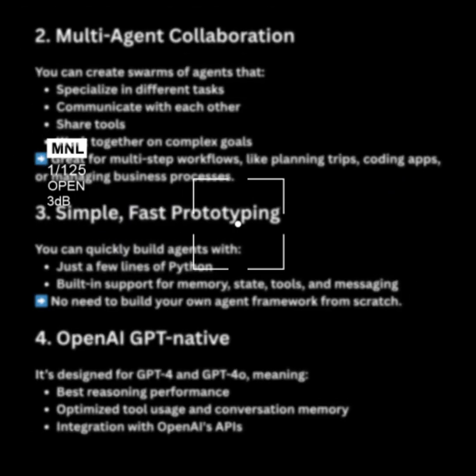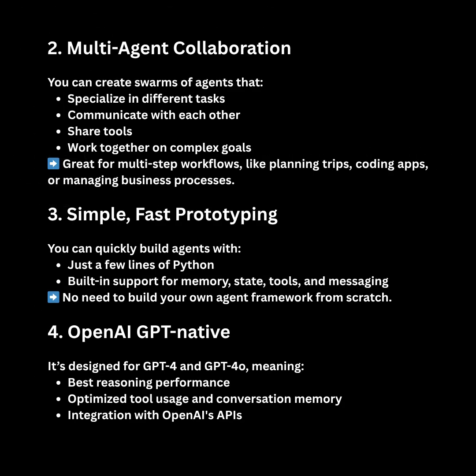2. Multi-agent collaboration. You can create swarms of agents that specialize in different tasks, communicate with each other, share tools, and work together on complex goals. Great for multi-step workflows like planning trips, coding apps, or managing business processes. 3. Simple, fast prototyping.